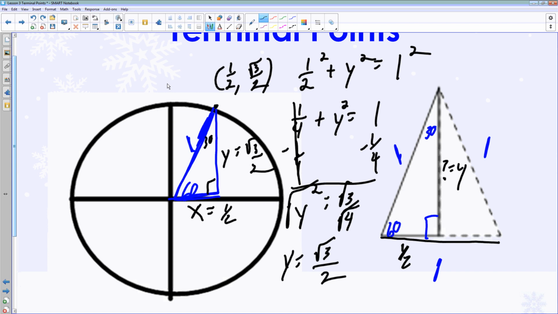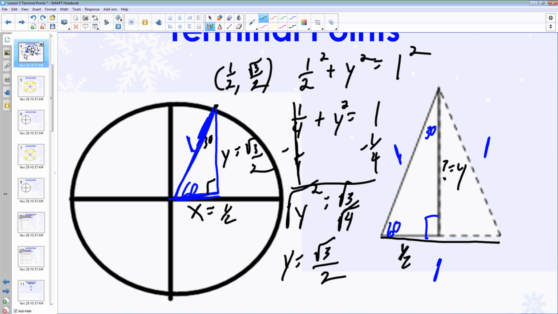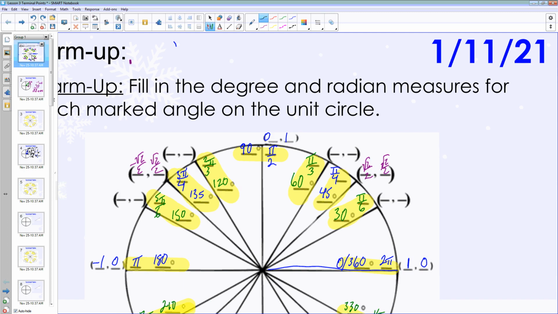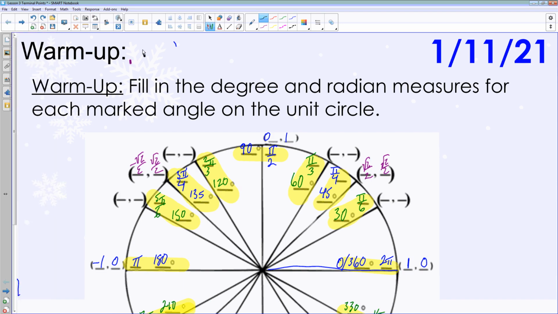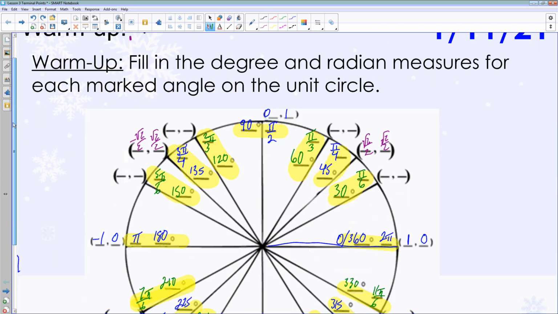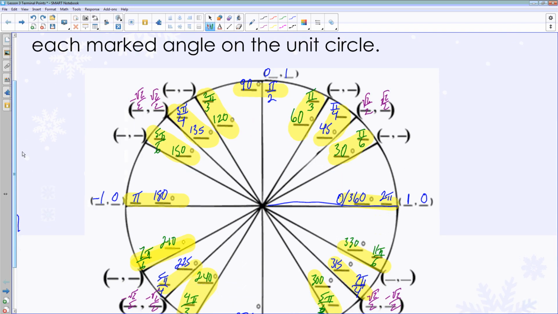So let's go back to that picture. And actually, some of these pictures, are they filled in yet? No, they're not. That's okay. I'm going to go back into my filled picture. Okay, so now I'm going to fill in my pi over 3s with the information that we just found. So it's going to be 1/2, and then it's going to be root 3 over 2.